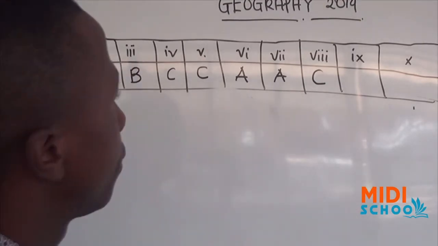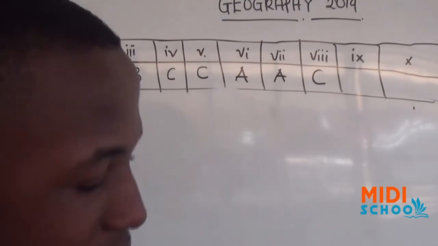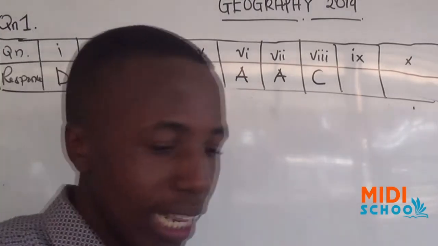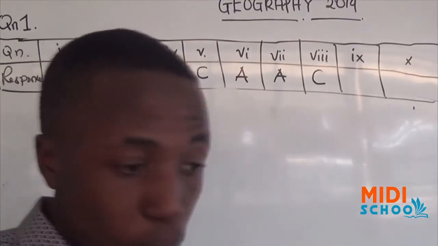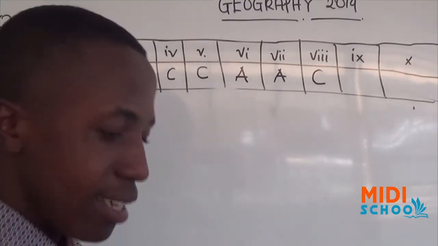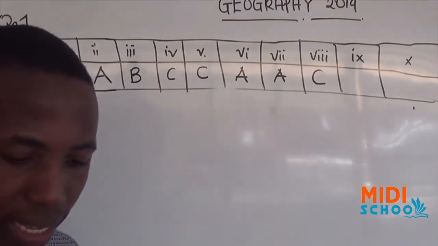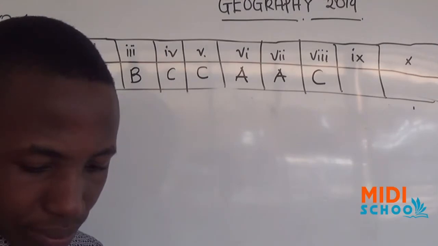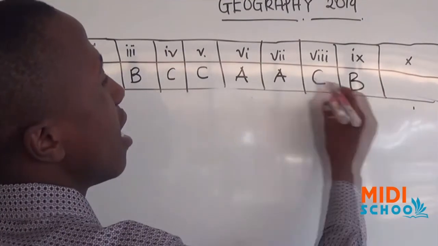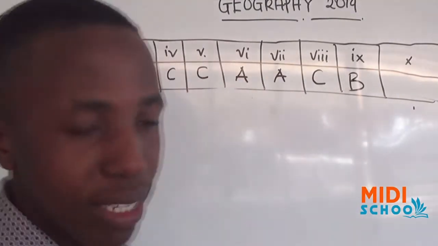But number 9, they have asked: the wind that blows from the sea to the land is called? Our answer is B, a sea breeze. How does it occur?